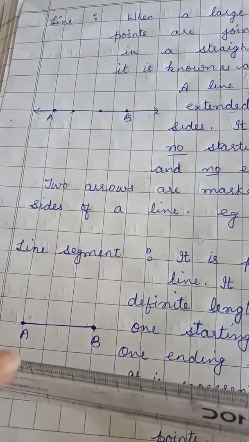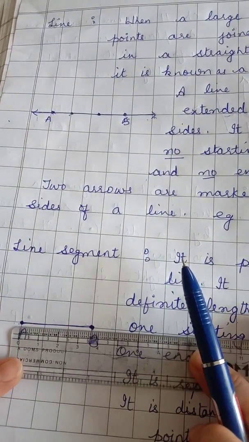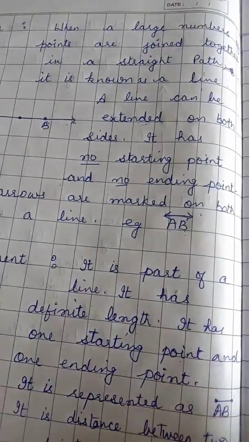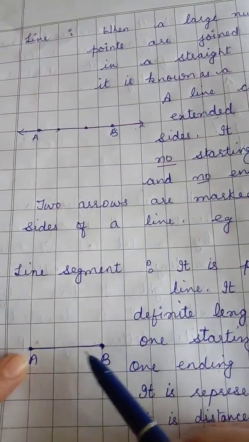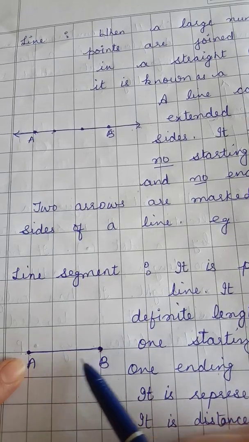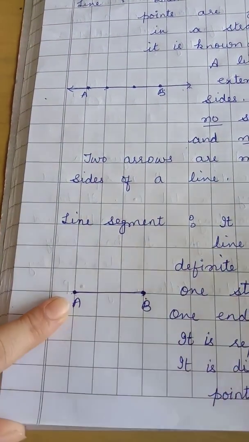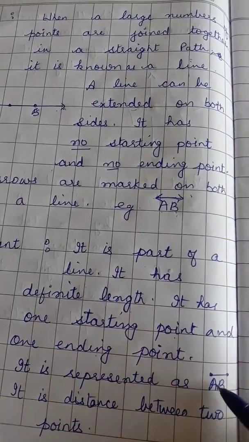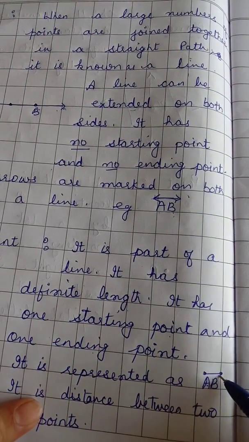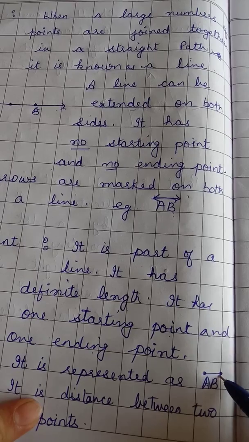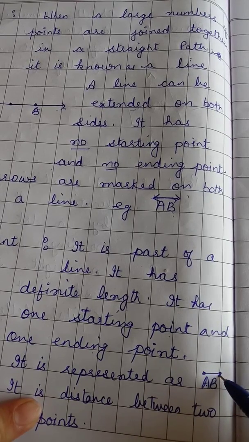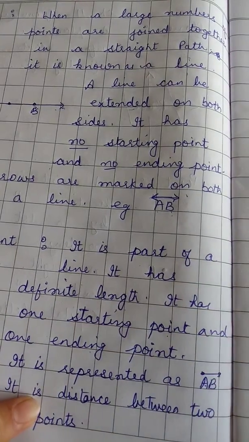We can measure its length with the help of a scale. What is a line segment? It is the distance between two points, point A and point B. It is represented by AB, with a line drawn on the head and dots on both sides.